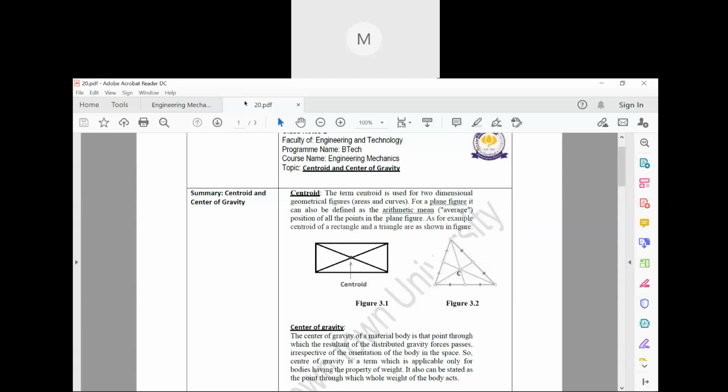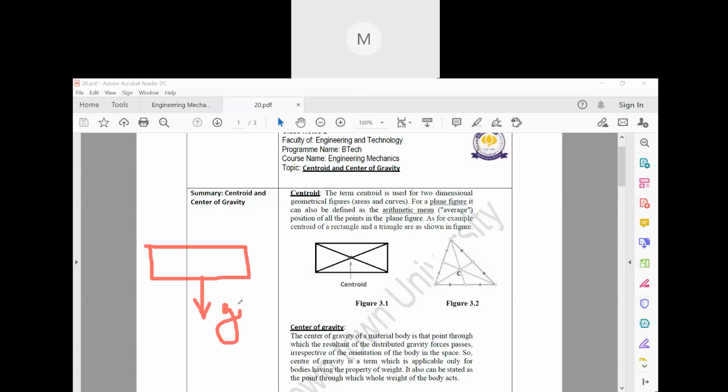Suppose this is a rectangle. In analysis, we show gravity coming downwards like this. So this point is generally assumed to be the center of gravity.